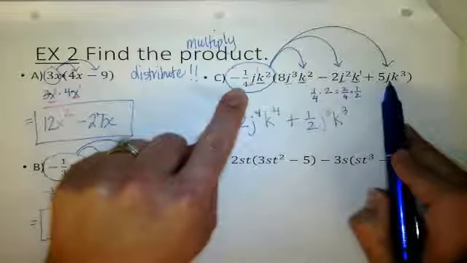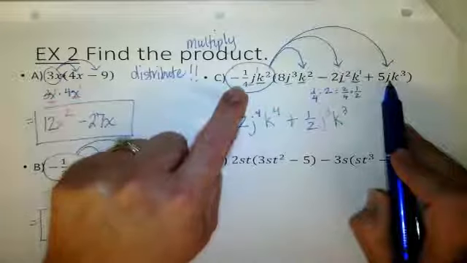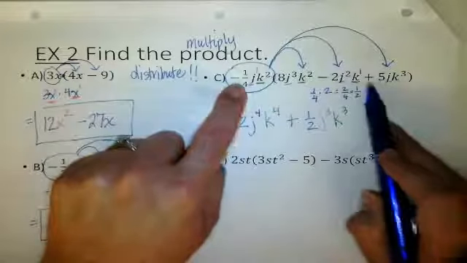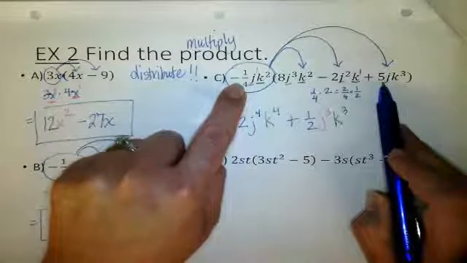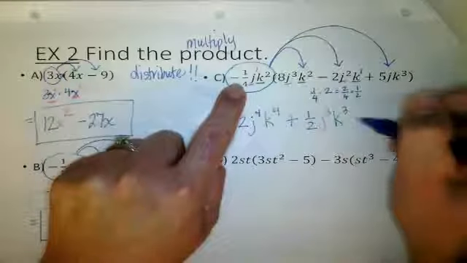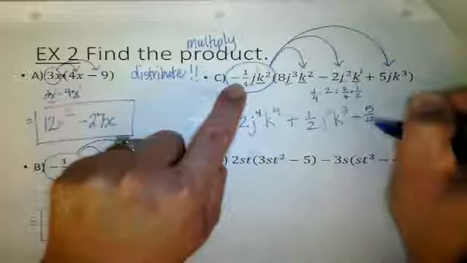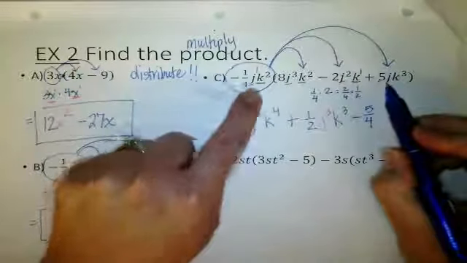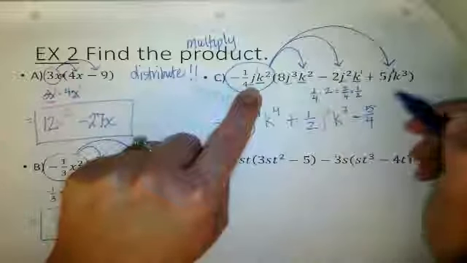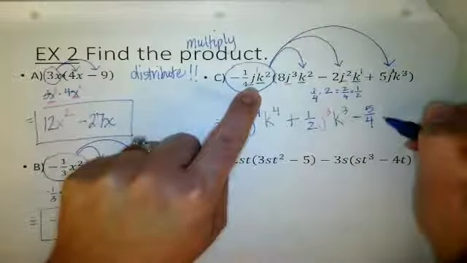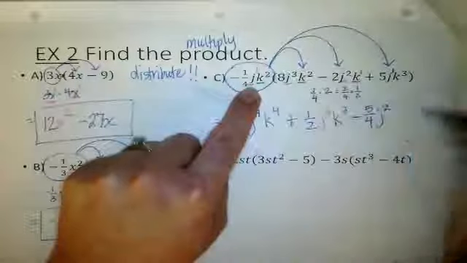And now on the last term, again, I'm just multiplying each little thing together. What is negative 1/4 times 5? Negative 5/4. Very good. Negative 5/4. What's j to the first times j to the first? J squared.